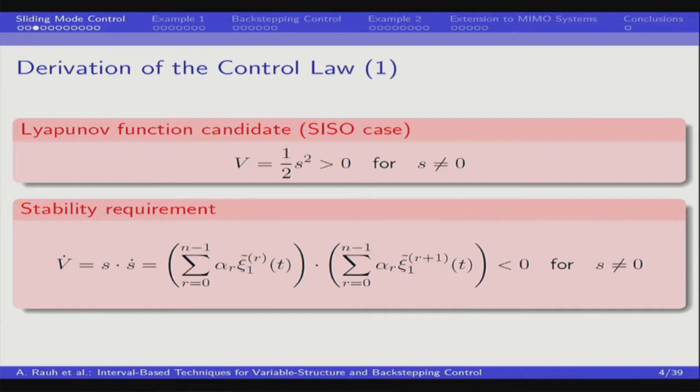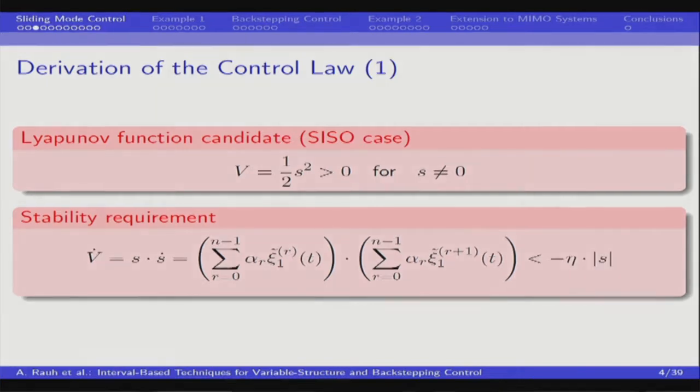If you plug in the definition of the sliding manifold, you end up with this expression. In order to simplify the control design, on the right-hand side, instead of writing that a time derivative should become negative, you could say that our design criterion is slightly more strict. You have a positive constant eta, and the left-hand side of this inequality should be guaranteed to be less than minus eta times the absolute value of this error measure.